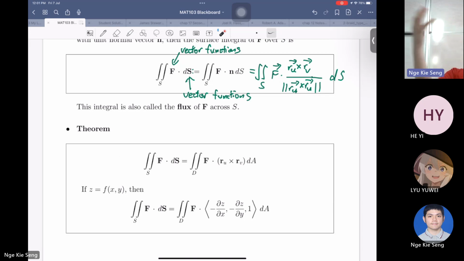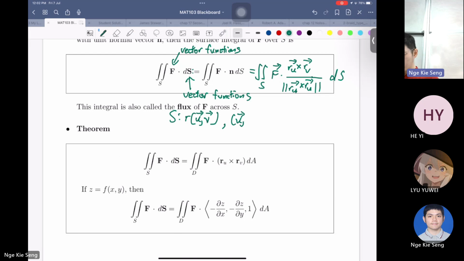We want to move it back to the xy plane. When we move the curved surface to a flat surface, we need to introduce a Jacobian. What is D here? Remember, this D is the domain that defines our surface.